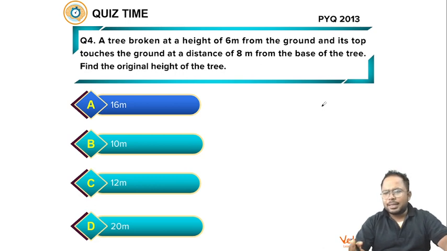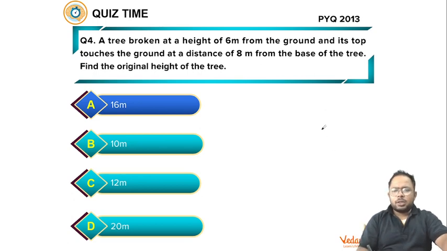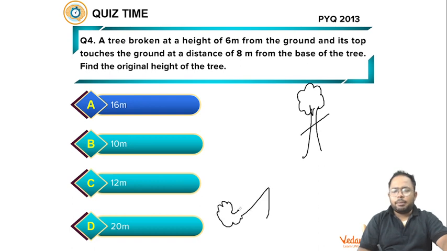Yes, the right answer is 16. Now you might be thinking, how 16? So let's understand this. As I mentioned, this is a tree and it got broken down, let's say from here. So the tree might be looking like this.